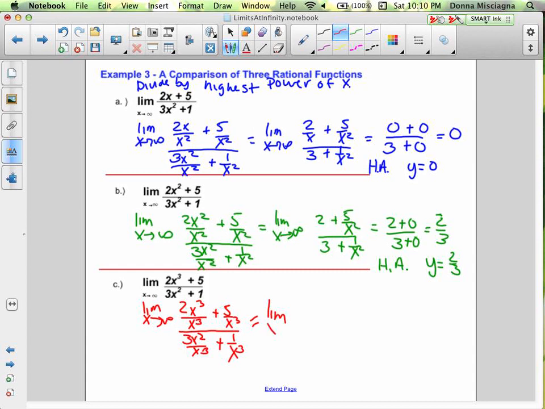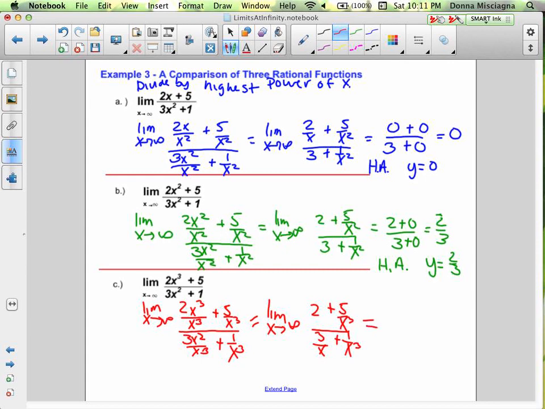The limit as x approaches infinity, that's going to be a 2 plus 5 divided by x cubed, all over 3 divided by x plus 1 divided by x cubed. Notice I'm simplifying, and then I'm dropping the limit and calculating out the limit. So do follow these steps, because right now I'm finding the limit, and this value doesn't become the limit until I've simplified.